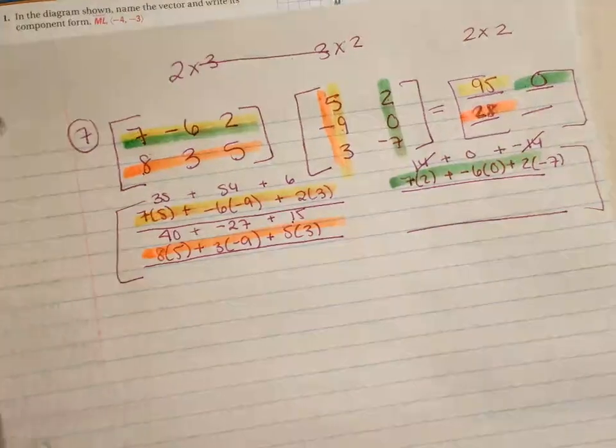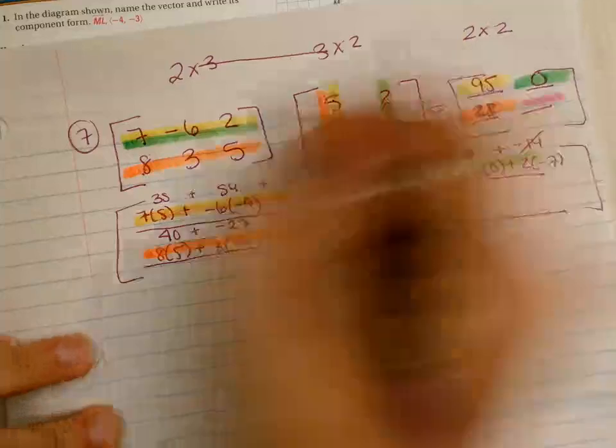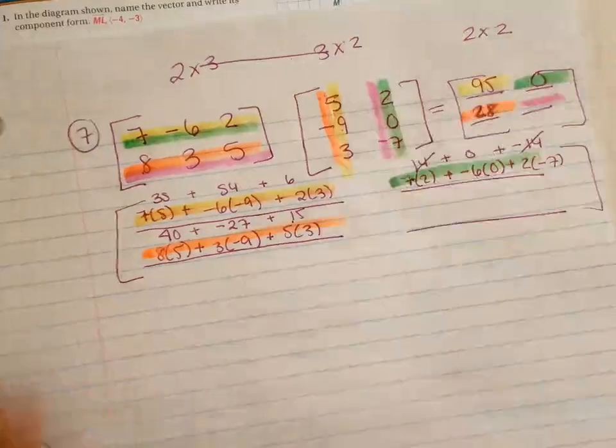And then our last spot right here. Row 2, column 2.